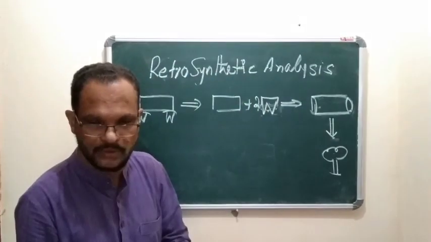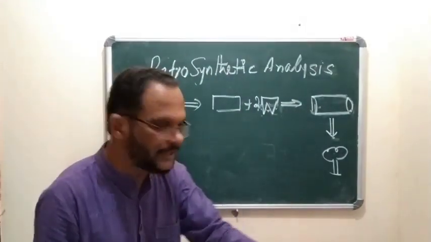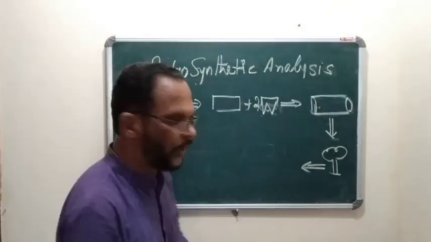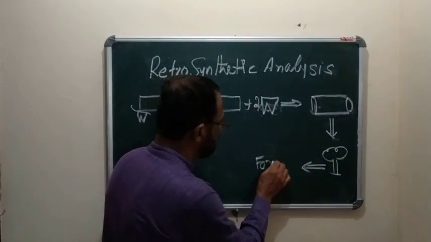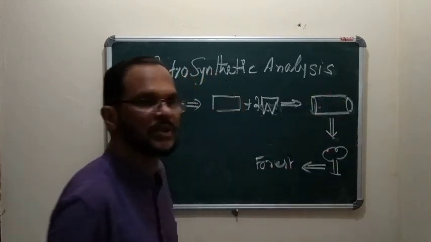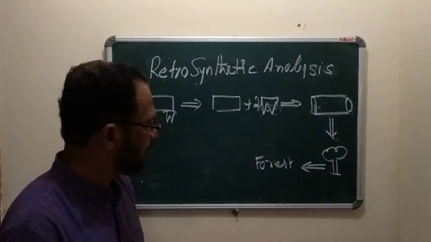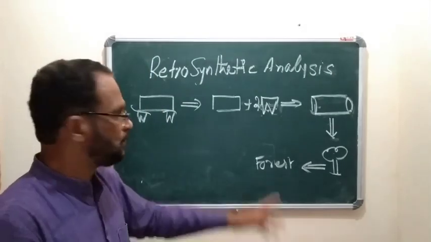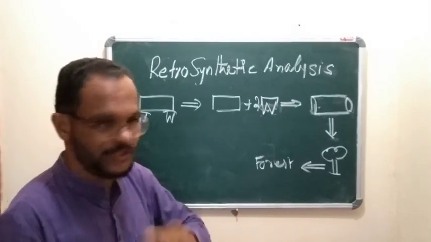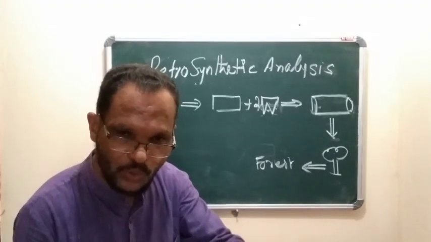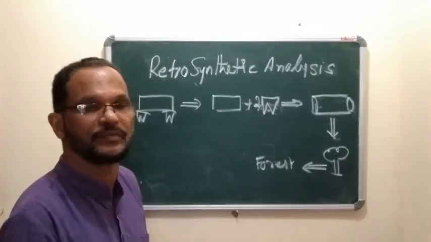And again, the tree can be identified from a forest. That is, your attempt is to make the bench. In order to make the bench, we want to know what the components are.